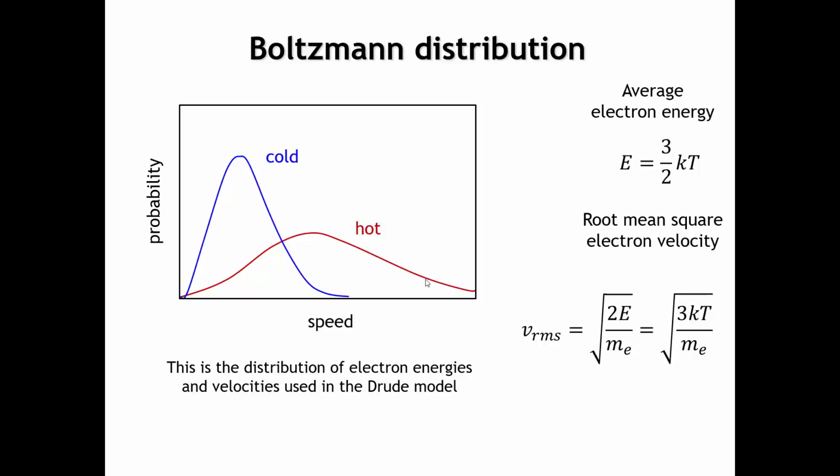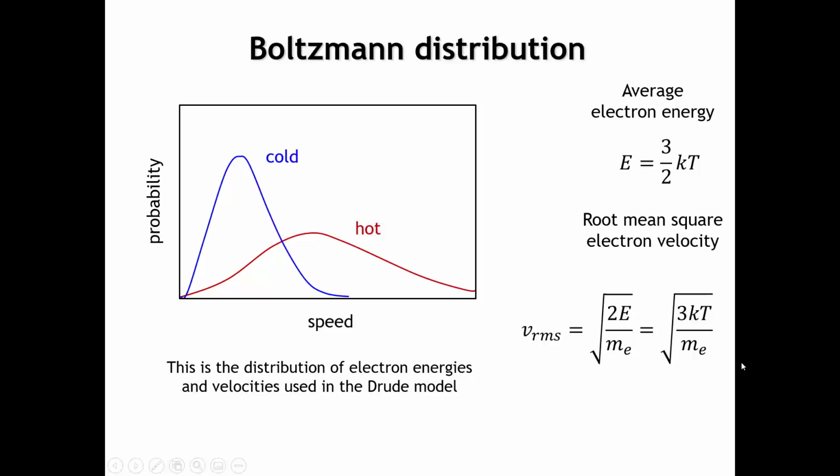So if we rearrange that to solve for v, the velocity of the particle is the square root of twice the energy divided by the mass. Here we're using the mass of an electron. And then if we use the expression above for the average energy of the electrons, we get this expression: the square root of 3kT divided by the mass of the electron.